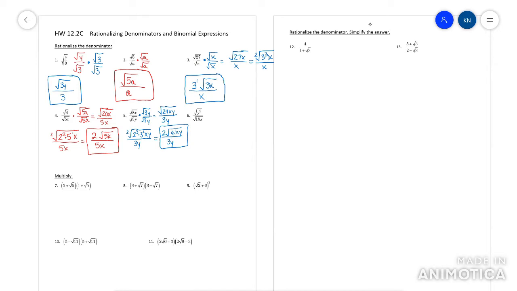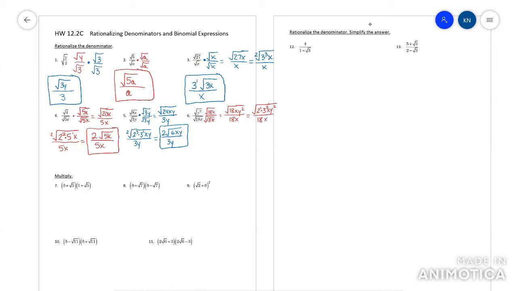Okay, the next one. Rationalize the denominator. So hit it with the root 18x. So now it's root 18xy squared over 18x. If you break up root 18, that's 2 to the 1 times 3 to the 2. Then you had that xy squared.